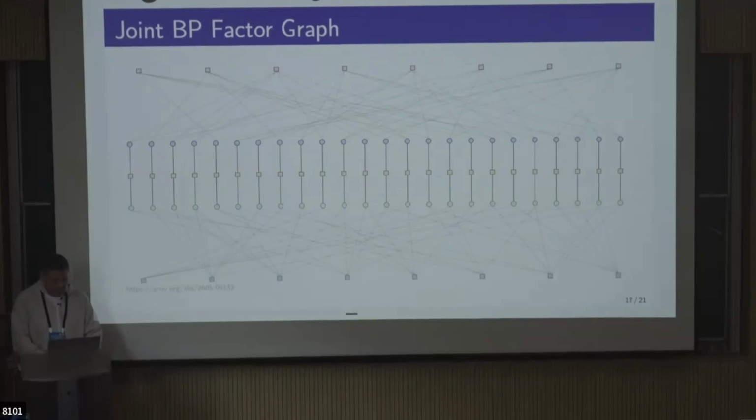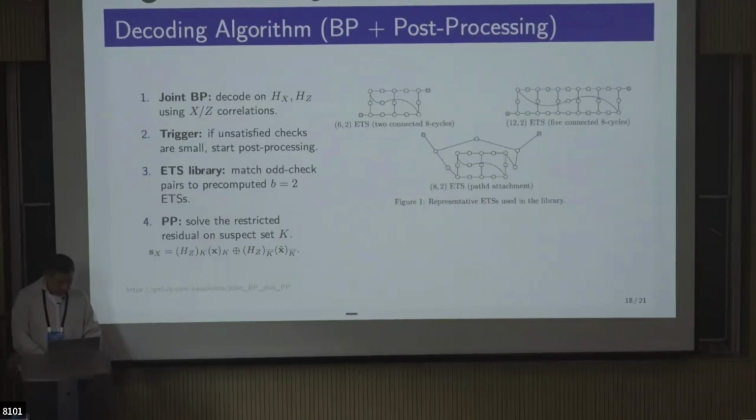So this is the factor graph used in the BP decoding. I'll skip this explanation. Okay, and the decoder is based on the fact that BP usually works well, but very rarely, for example, roughly once in 10,000 trials, BP can fail to converge.